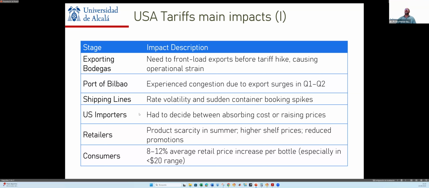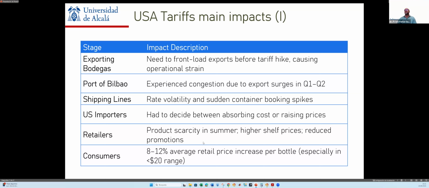Also, the shipping lines had sudden container booking spikes and vulnerability. Also, the US importers had to decide if they had to absorb the final cost of the wine, because the tariffs are moving the final cost, or raise the prices that the end consumer is going to suffer.